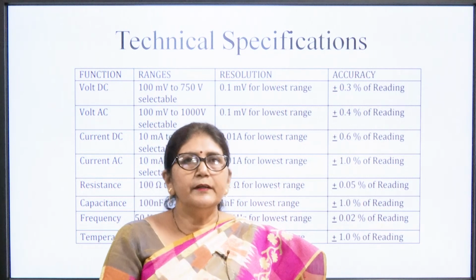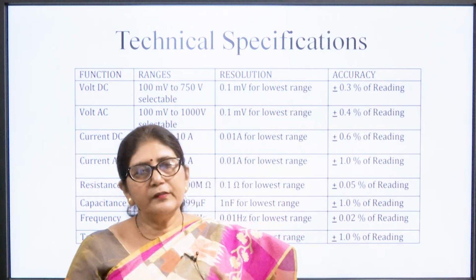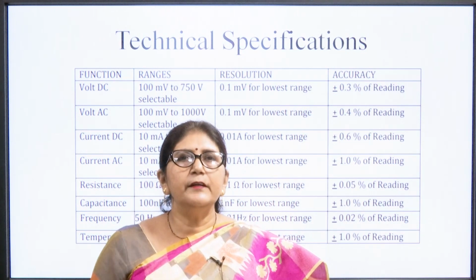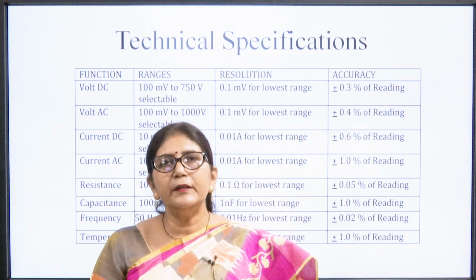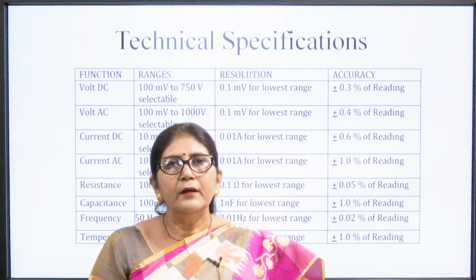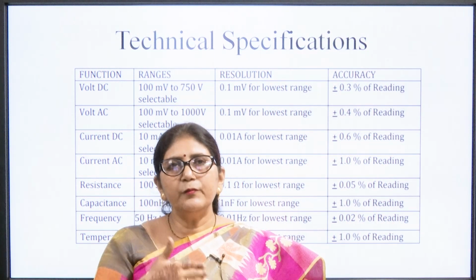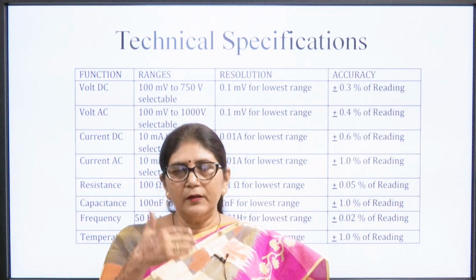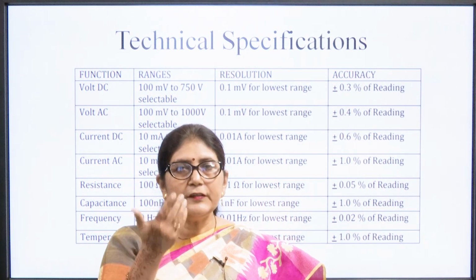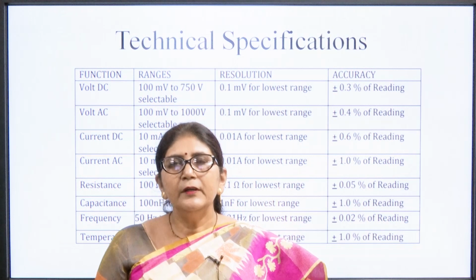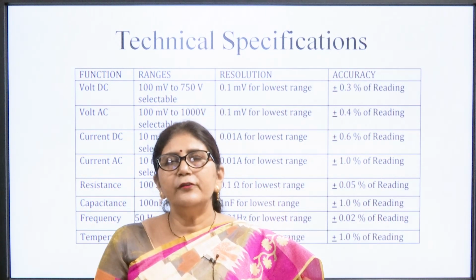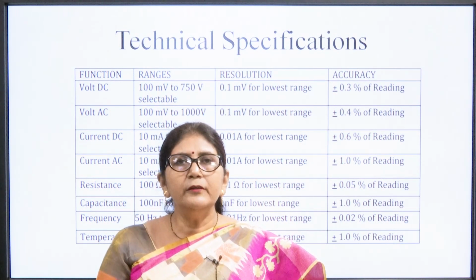These are the technical specifications given by the supplier when we purchase any multimeter. Suppose here is a digital voltmeter, this is a multimeter. It can measure DC voltage from 100 millivolt to 750 volt, and it has a resolution of 0.1 millivolt for the lower range.